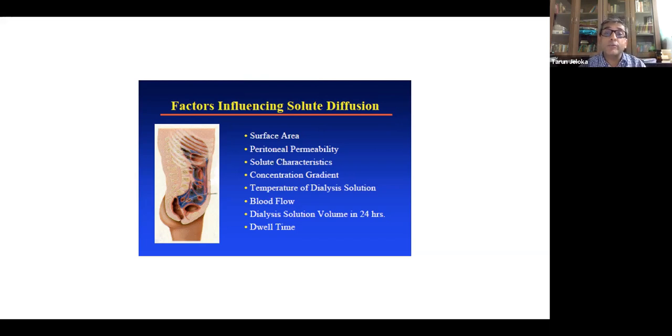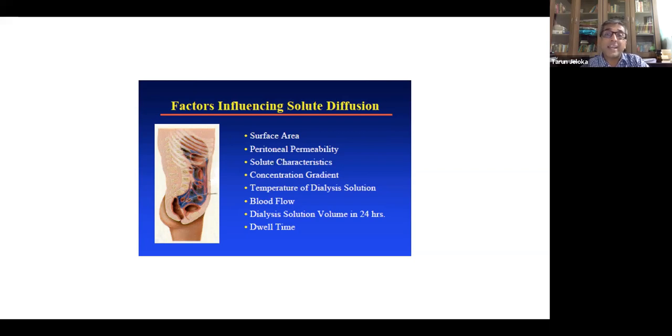Second factor is peritoneal permeability. There are mechanisms by which peritoneal permeability of the vessels may increase. For example, if there is PD peritonitis, there is inflammation, so permeability increases and solute removal might increase. There might be a caveat that glucose absorption will get hastened, equilibration will be achieved faster and ultrafiltration may not occur that much, but permeability can increase the solute clearance.